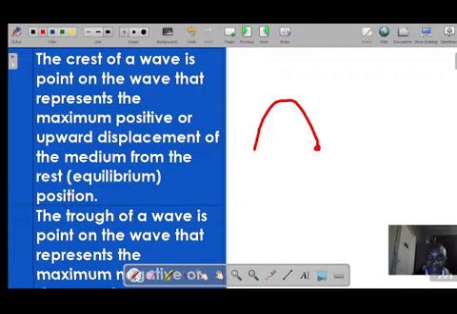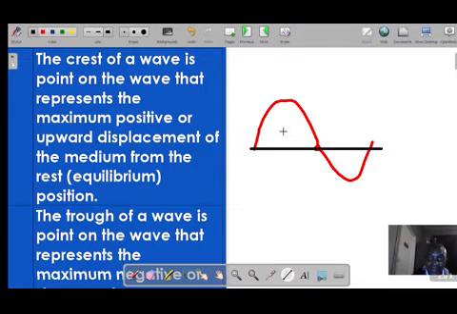If I add another transverse pulse in succession, like this one here, and I have this as my rest position, then our maximum displacement, which is positive, or upwards, is from here to here.